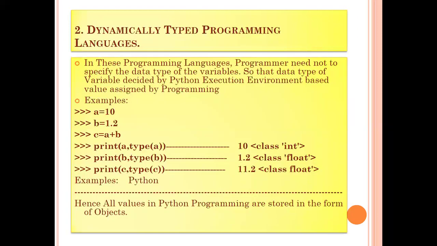Whenever we write, like A is equal to 10, then we write print A, type A, and we will get the value and what type of class it is. So we have talked about why it is a dynamically typed programming language.